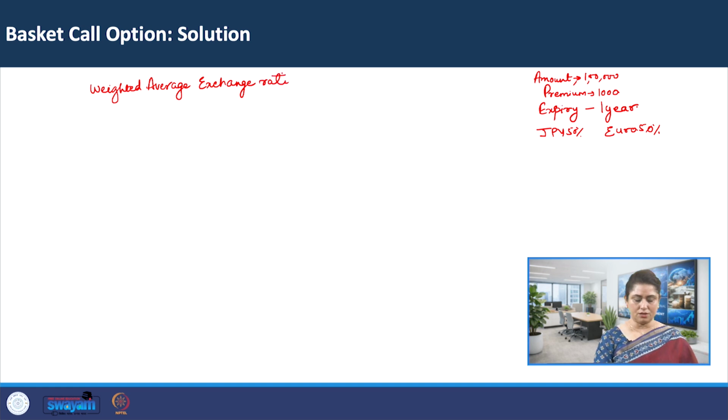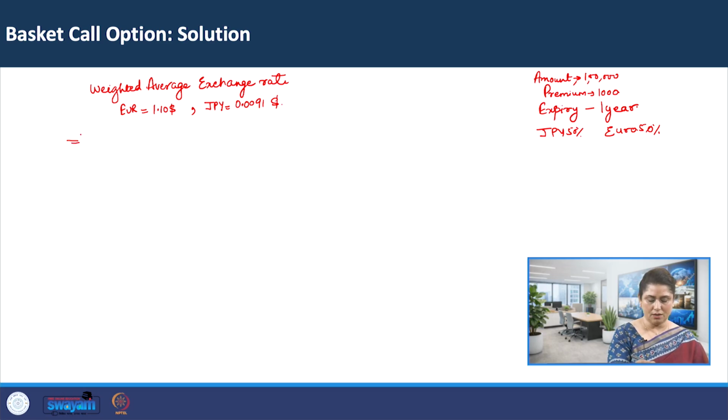Weighted average exchange rate. As we know, we have been given the current rate where euro is equal to $1.10 and Japanese yen is equal to $0.0091. So we find the weighted average here.